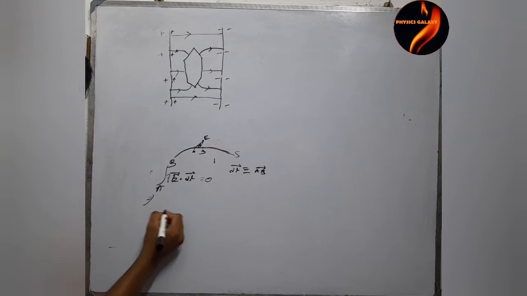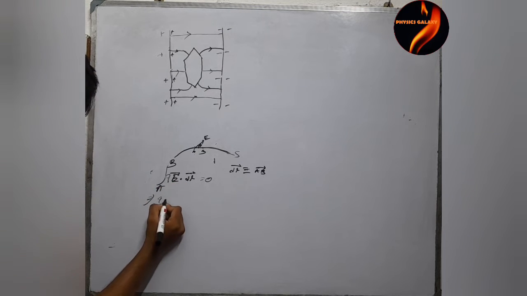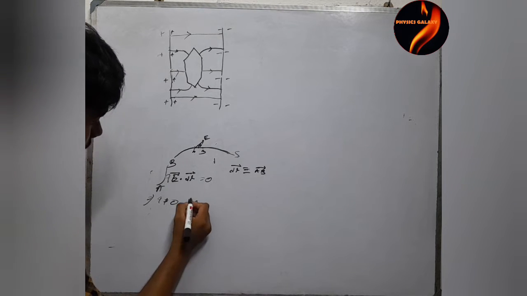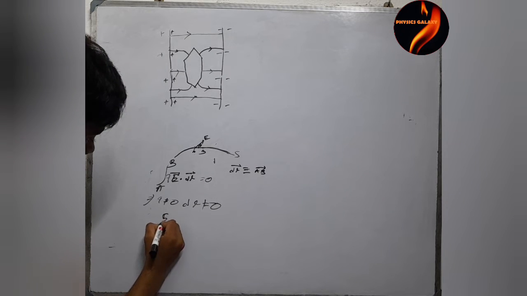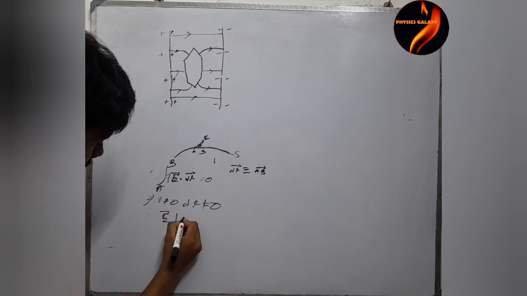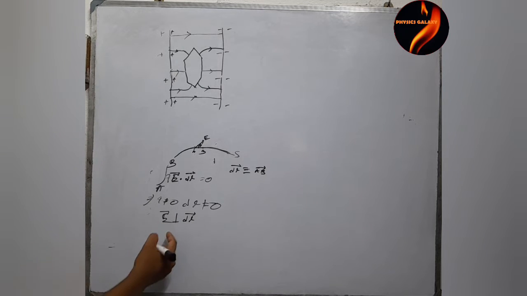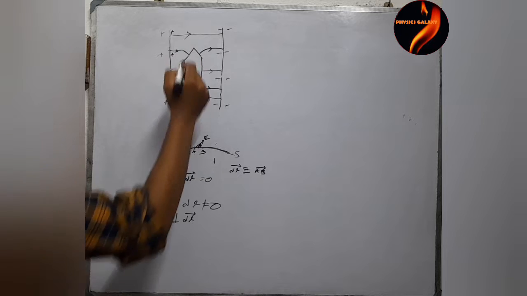Here q is not 0 and also dl is not 0. So basically E is perpendicular to dl. So E must be perpendicular to dl. So the field line should be perpendicular to the surface of the conductor.